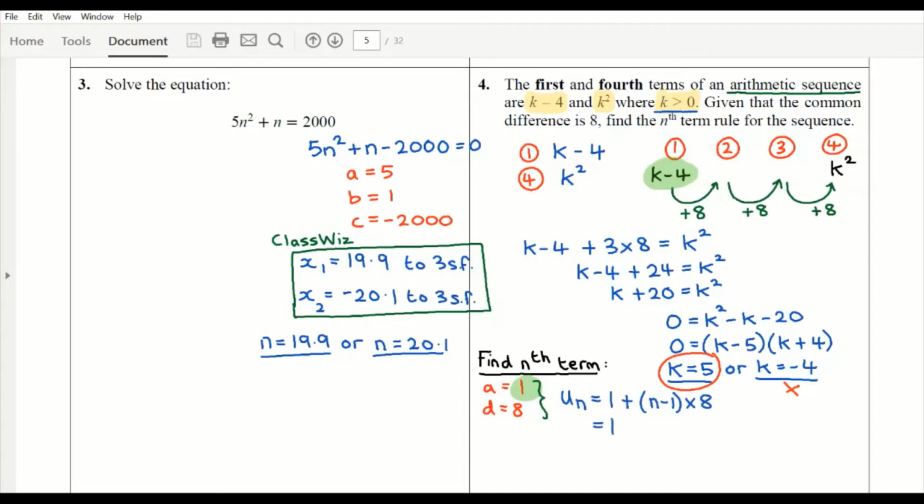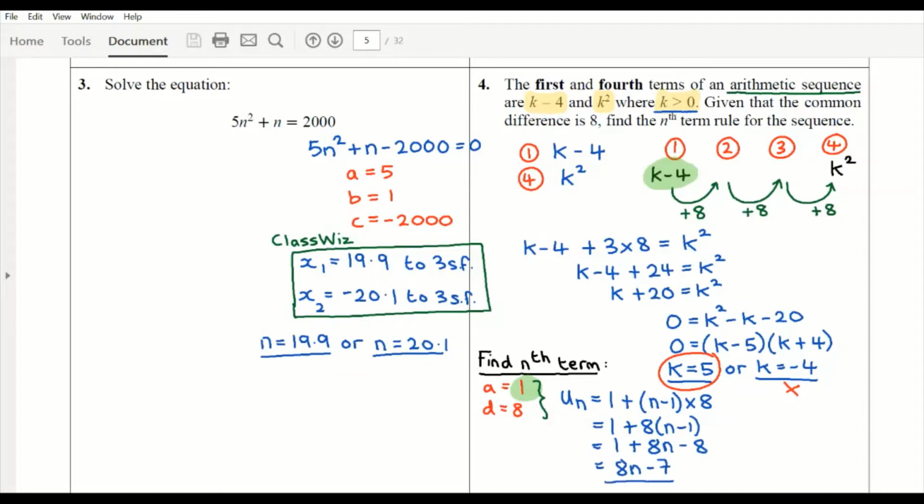So it's going to be 1 added to 8 multiplied by n subtract 1. In other words, it's 1 added to 8n, subtract 8, and then collect your like terms. So this is going to be 8n. And then 1 subtract 8 is, of course, negative 7.